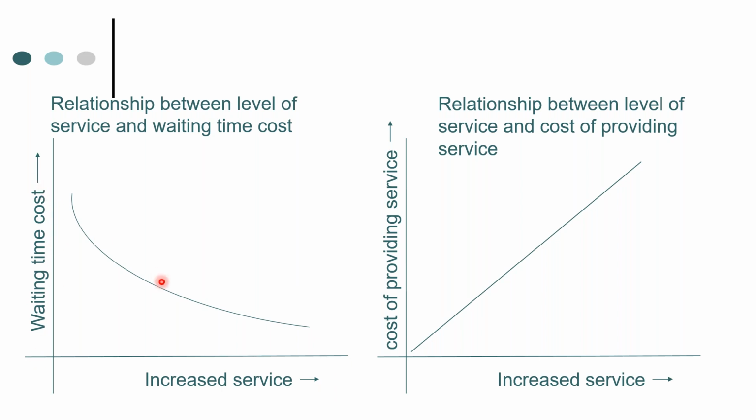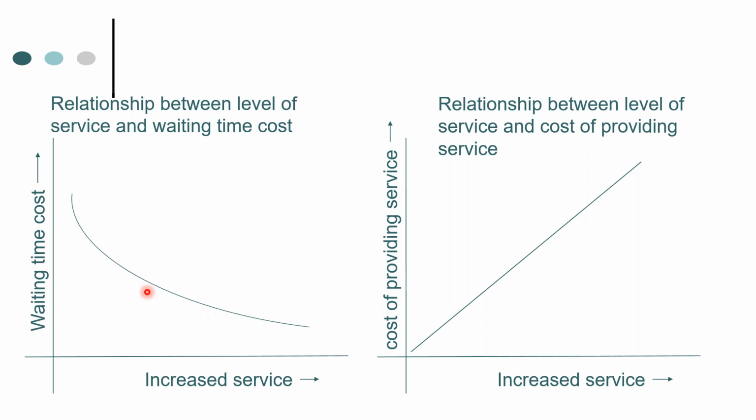If you have five customers arriving every hour, and you have five stations, then there is no waiting time, correct? For an hour there is no waiting time, so you are providing the best service. Your service level is at a higher number, and the waiting time associated with it will be very less, or you can say it will be zero. Okay, so the waiting time will come down.